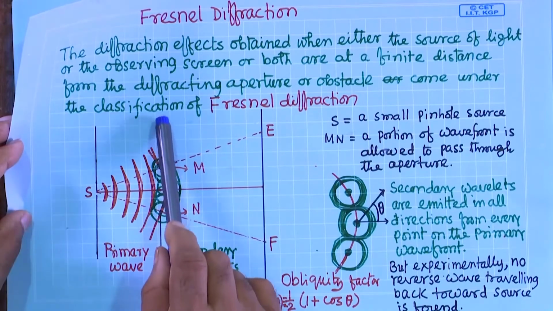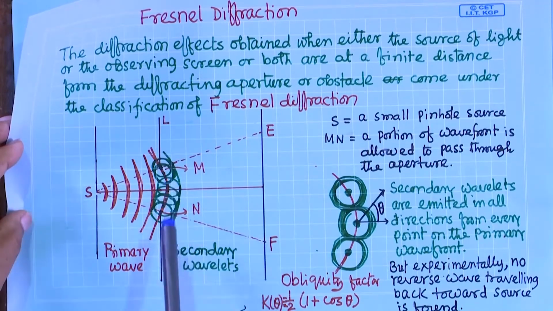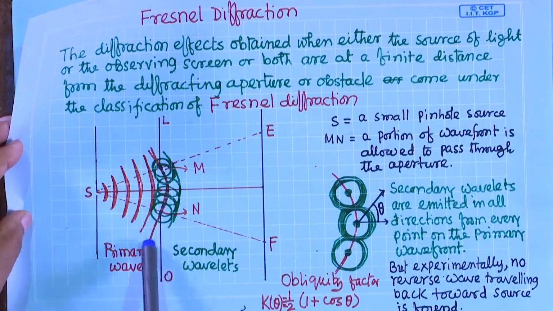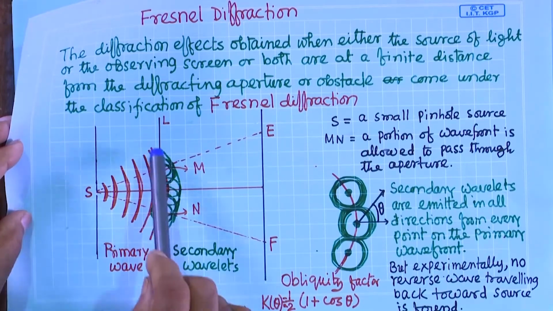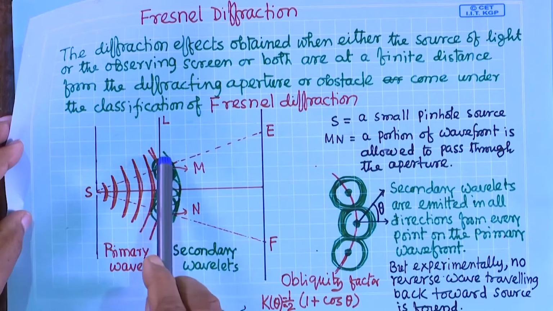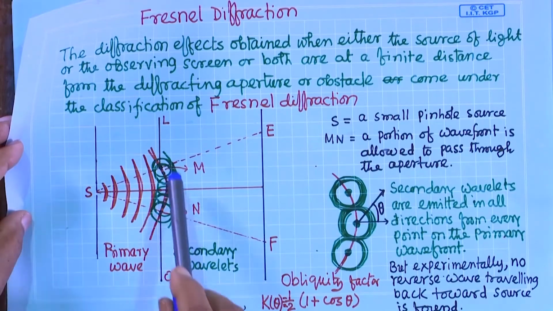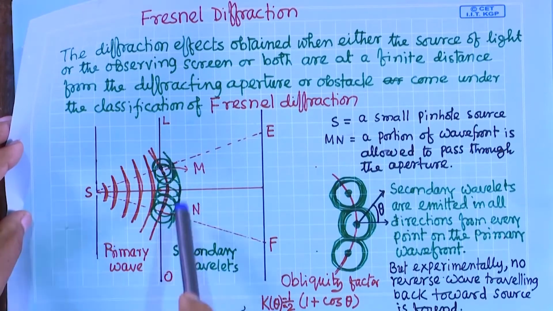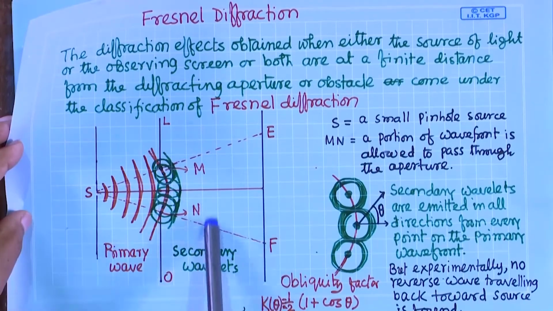Now you have an aperture. The wave front falls on this aperture, and there will be secondary wavelets and a corresponding wave front, and that way they proceed.